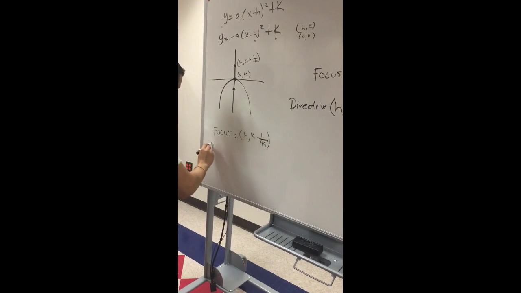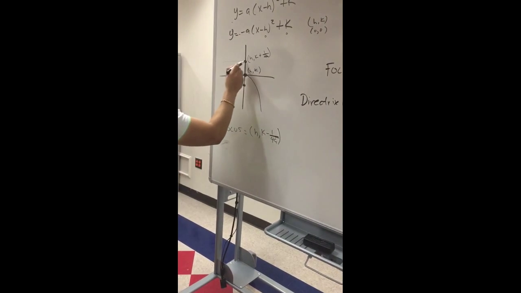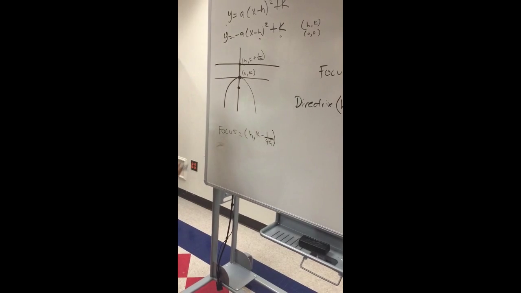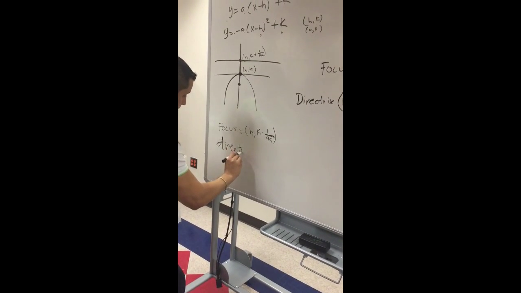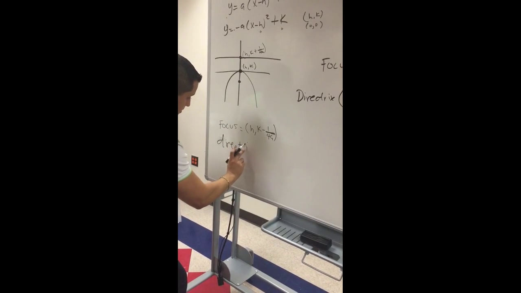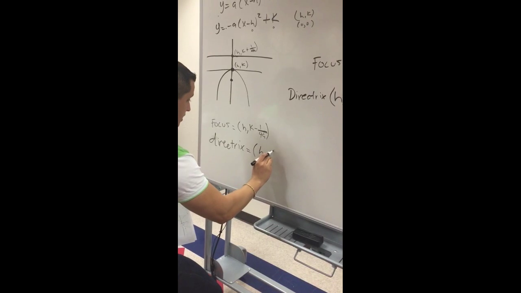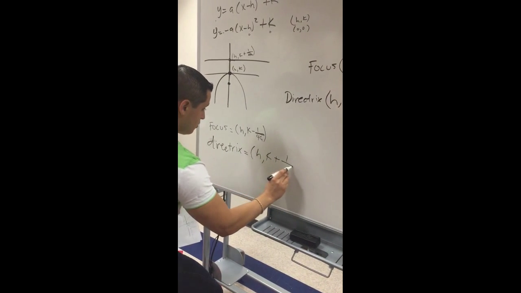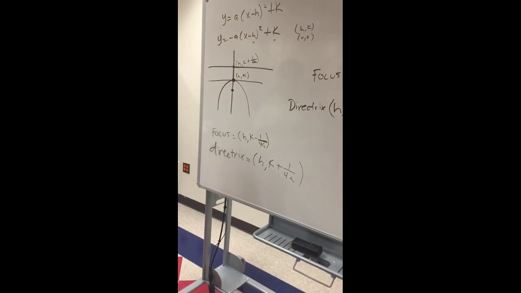So for the directrix, not the focus, not a point, it's a line. The directrix is going to be equal to h, k plus 1 over 4a, and we're going to get our a from over here.